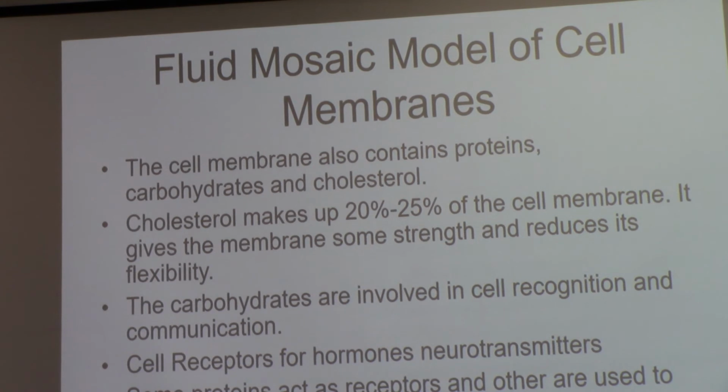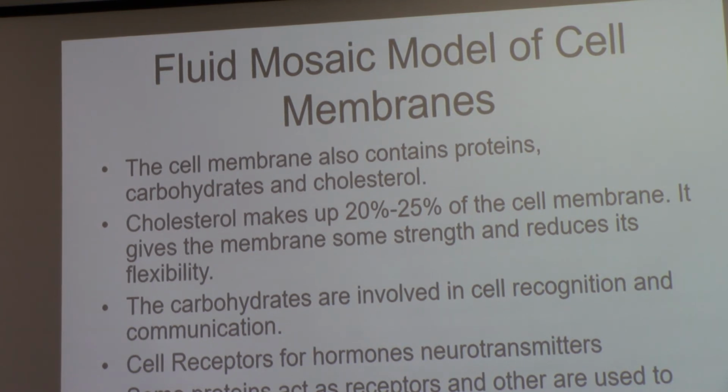All right, carbohydrates will stick on the outside, and what they do is they tell things on the outside of the cell who they are, what kind of cell they are. Like, I'm a liver cell, and you can tell by the kind of carbohydrate I've got stuck to me. There are other things called cell receptors for hormones and other things like neurotransmitters.